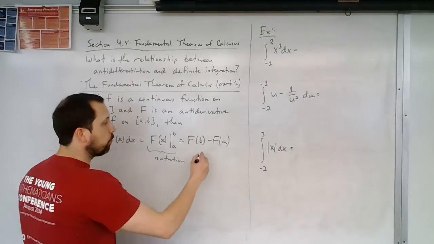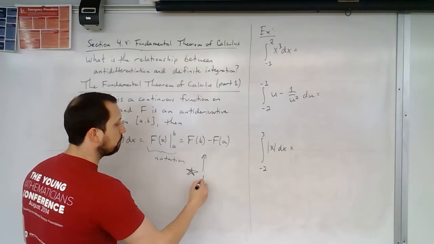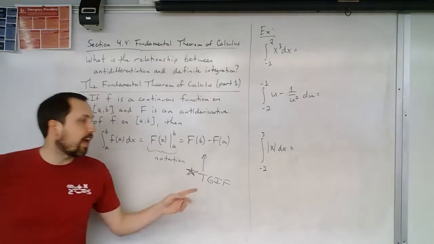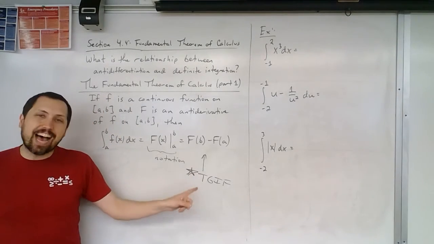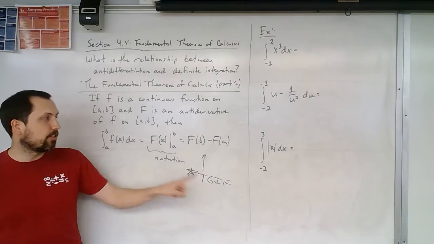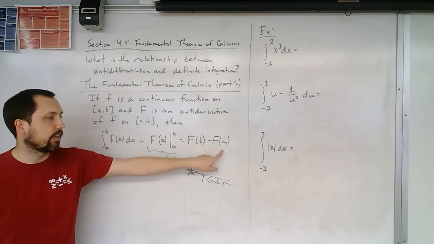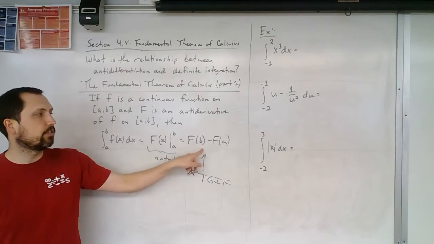The important way that I remember this, the acronym, is TGIF: top goes in first. So this top number goes in first, and then the bottom number goes in second. TGIF, top goes in first.